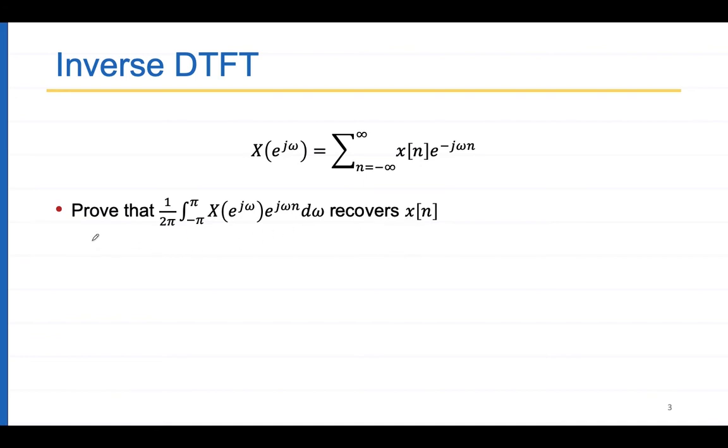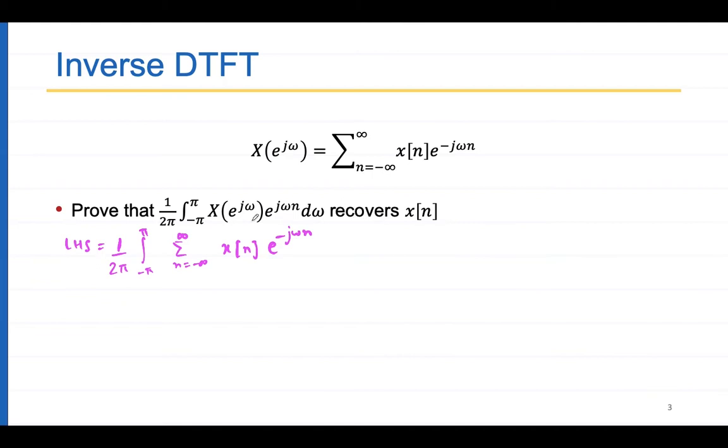It's very simple. Just start with the LHS. This is simply 1/(2π) times the integration from minus π to π of X(e^(jω)), which is basically the summation over all n of x[n]e^(-jωn), times e^(jωn) dω.